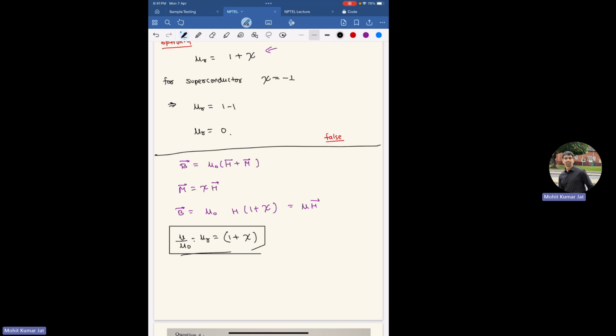So this is where this relation comes from, where H is the magnetic field strength, M is the magnetization and B is the magnetic flux density.